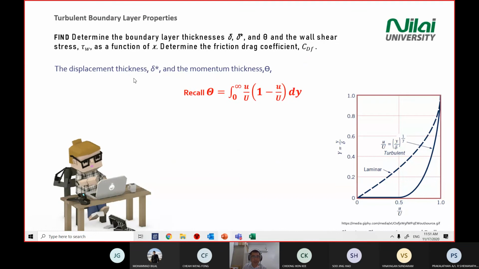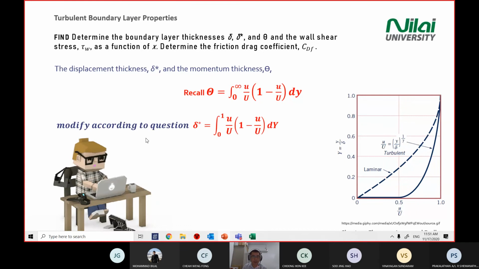Okay. For the displacement thickness, which is delta star, and the momentum thickness, again we call back the definition for our momentum thickness equation, equal to the integration from 0 to infinity of small u divided by capital U times the content dy. Modify the equation, delta star equal to the integral from 0 to 1.